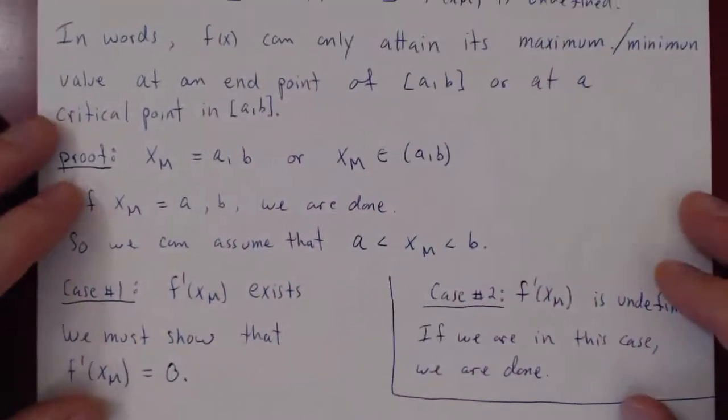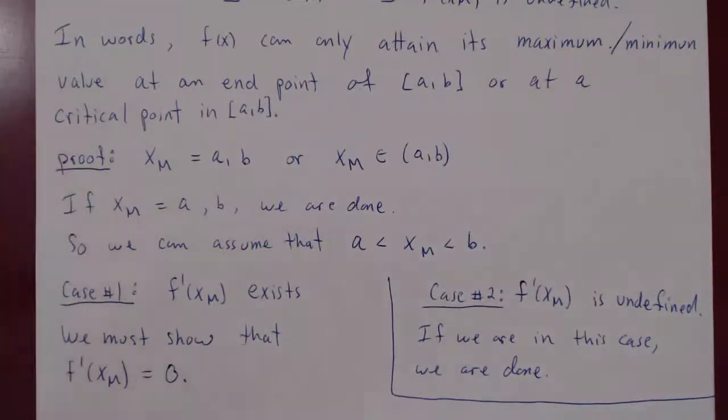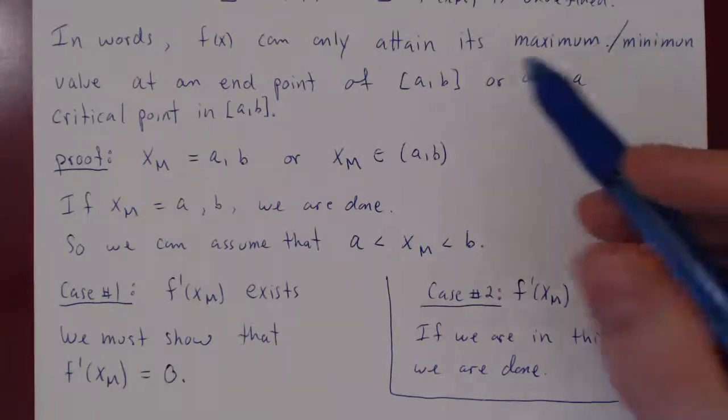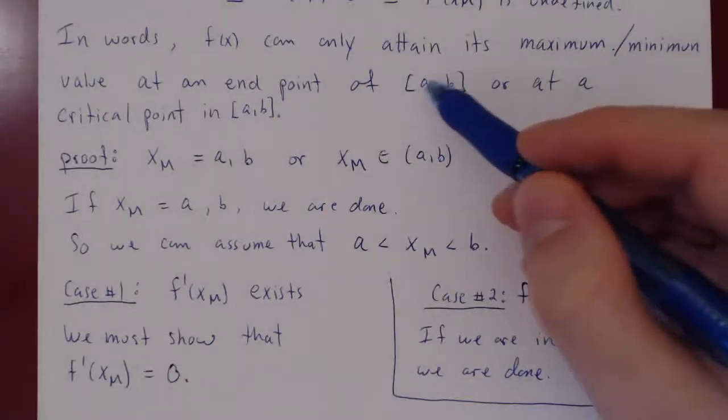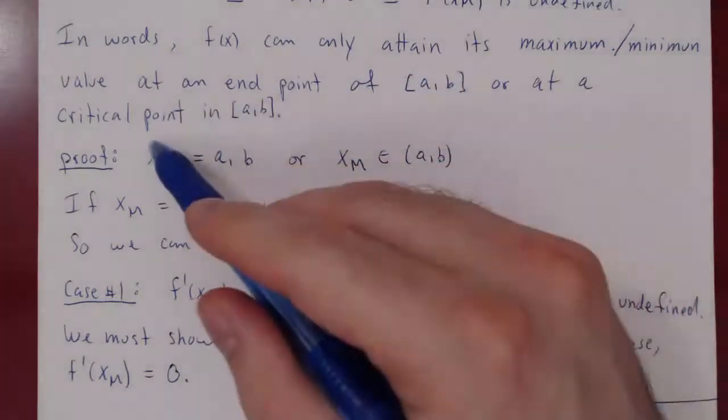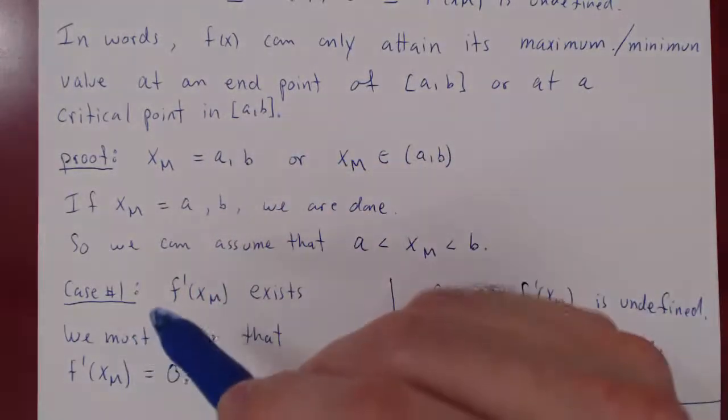Let's just go back to the statement. The statement said that if you have a continuous function on a closed and bounded interval, we know it will attain its maximum and minimum value, and the result said that a maximum can only occur at either a or b, the endpoints of the interval, or it must be a critical point inside the interval.